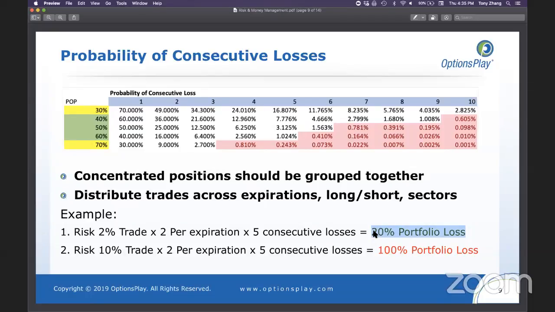So this is really where, as you can see, if you are risking 10% of your account per trade, which I actually see more often than I care to say, and I see a lot of traders risking many times more than 10% of their account on a trade. If you're risking 10% of your account per trade and you're trading 2 trades per expiration, and you have a worst case scenario of maybe having 5 consecutive losses, that equates to a 100% portfolio loss.